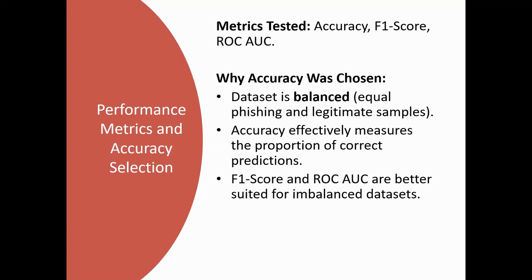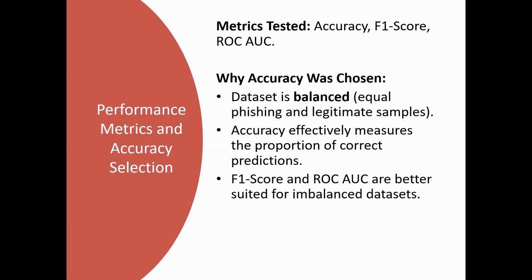It emphasizes balance between false positives and false negatives. And ROC AUC, that is receiver operating characteristic area under curve, evaluates a model's ability to distinguish classes by considering all classification thresholds.